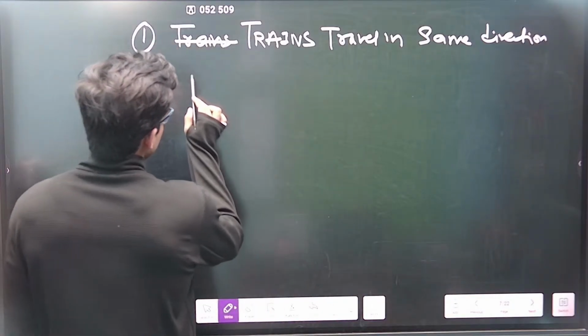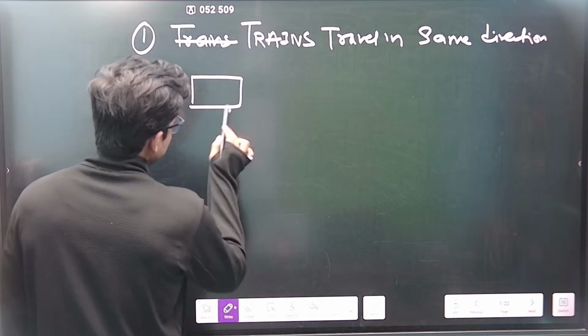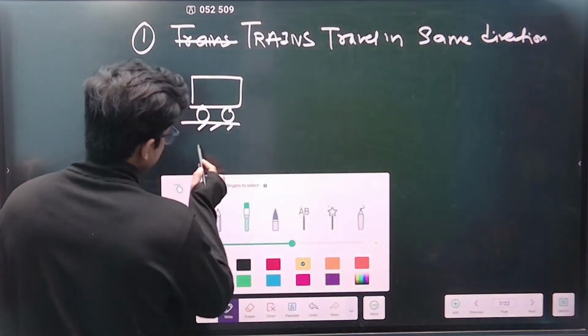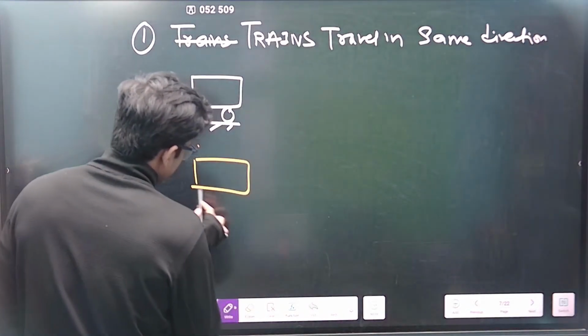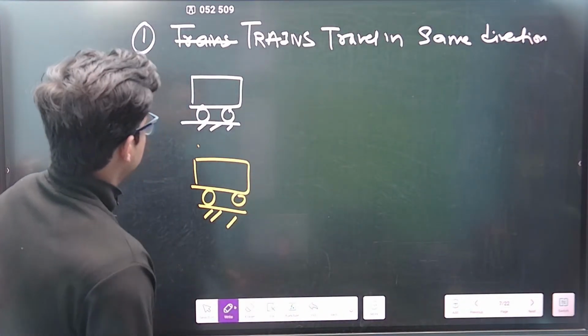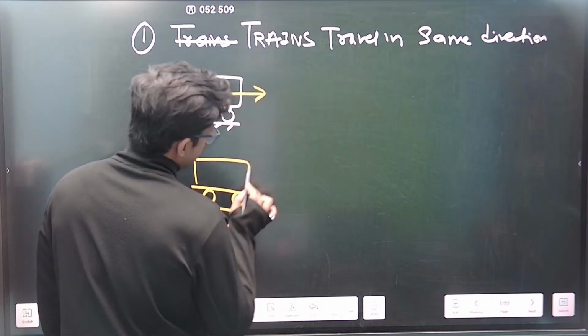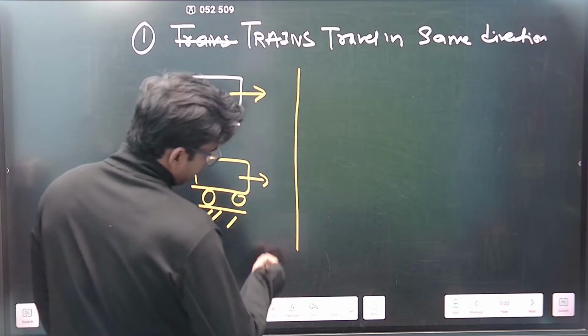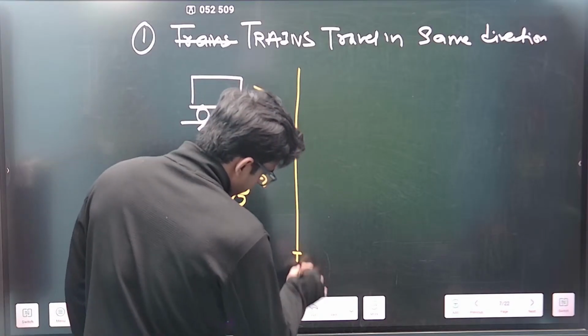So suppose that two trains are there. This one is a train, and this one is a train. Nice train, by the way. I would say nicer train. So they are traveling in the same direction, correct? Let us suppose this is a time boundary T1, okay.